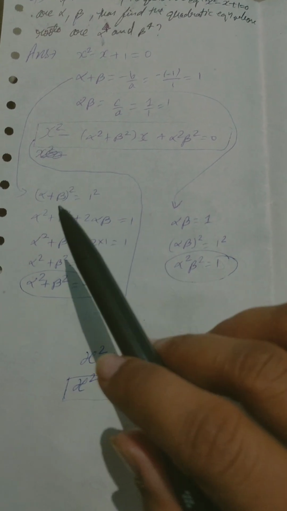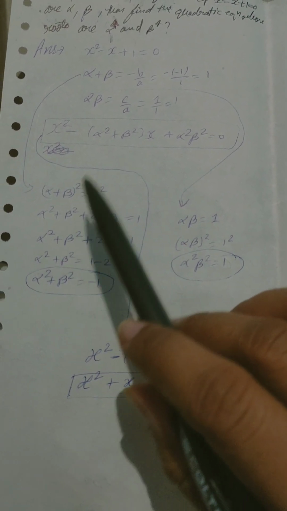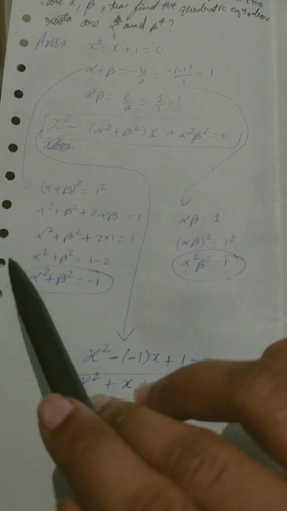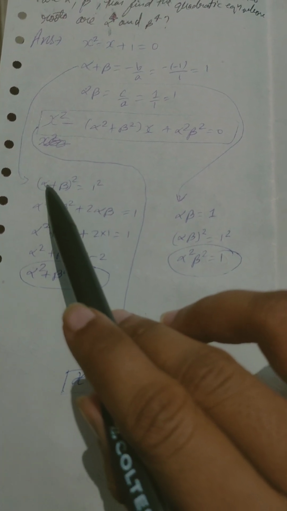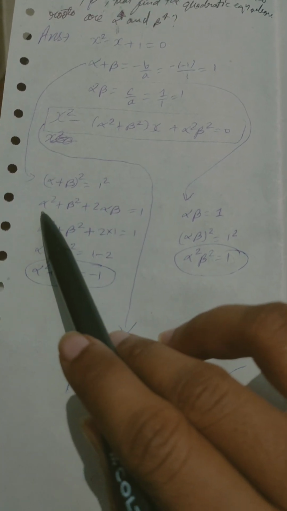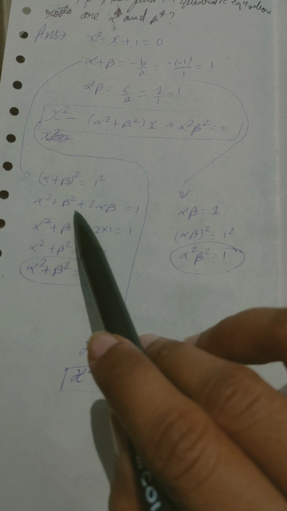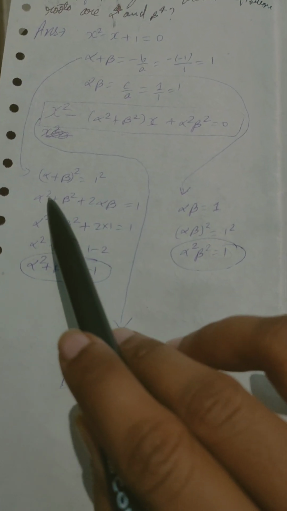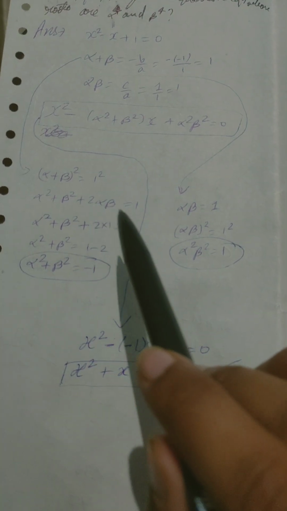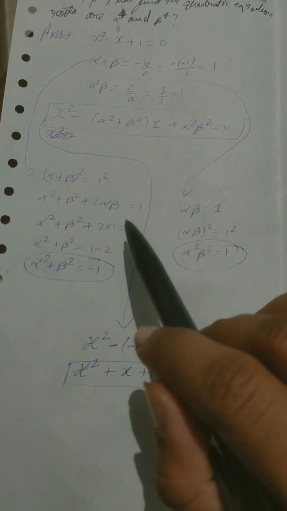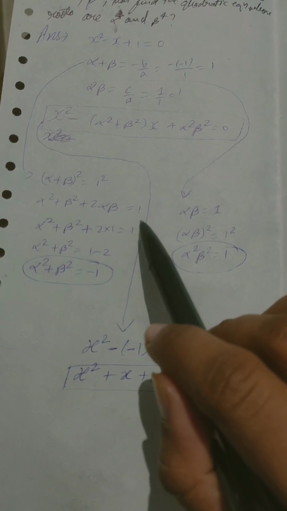Here, if we square this equation alpha plus beta equal to 1, then alpha plus beta whole square equal to 1 square. Then we can use the formula for a plus b whole square: alpha square plus beta square plus 2 alpha beta equal to 1.